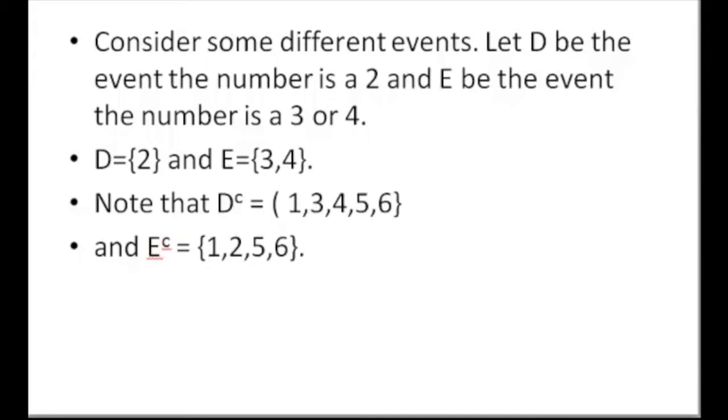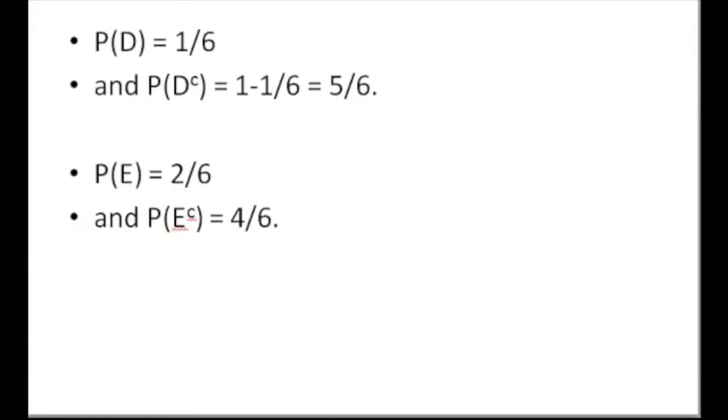Note that D complement is the set 1, 3, 4, 5, 6, and E complement is the set of 1, 2, 5, and 6. Probability of D is 1 out of 6, and so probability of D complement is 1 minus 1 over 6, which is 5 over 6. Probability of E is 2 over 6, and probability of E complement is 4 over 6.